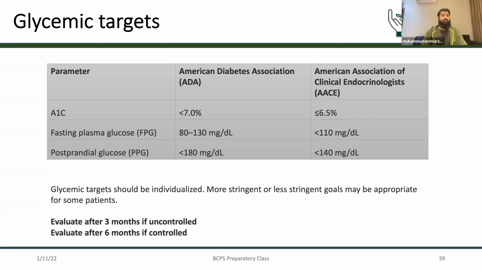You have to individualize the treatment, and I will bring you a case for individualization of therapy in certain types of patients. These criteria could be more stringent or less stringent depending on the situation of the patient. So you should evaluate for these parameters every 3 months. If the parameters are uncontrolled, evaluate at that interval, and if the goals are controlled, you can delay it up to 6 months.